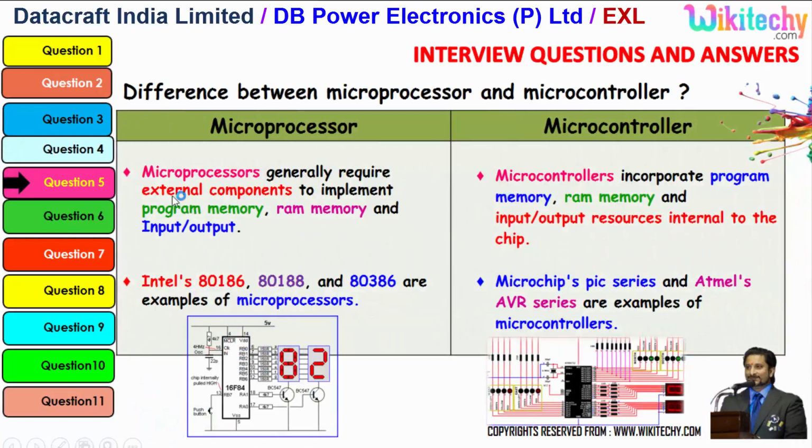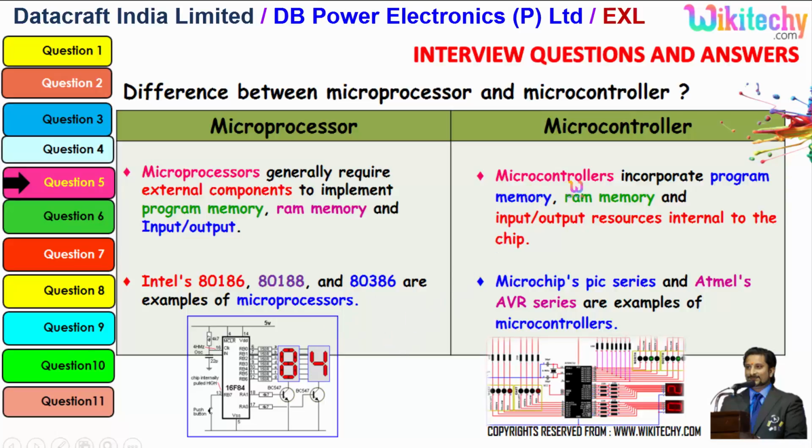Let's move on to the next question, the differences between microprocessor and microcontroller. Microprocessors generally require external components to implement program memory, RAM memory and input-output. Here the examples, Intel 80186, 80188 and 80386 are typical examples of microprocessors.